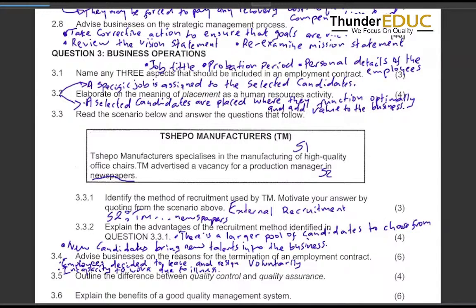So now we are saying that quality control, inspection done on the final product, and then quality assurance, inspection is done during and after production of goods.